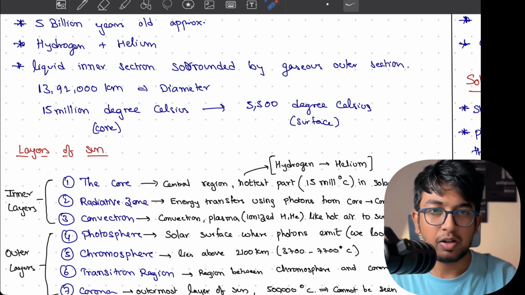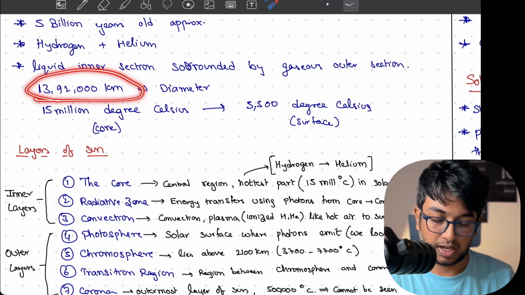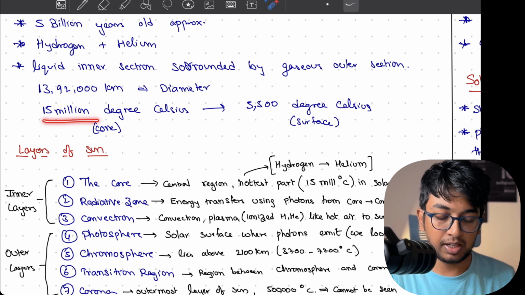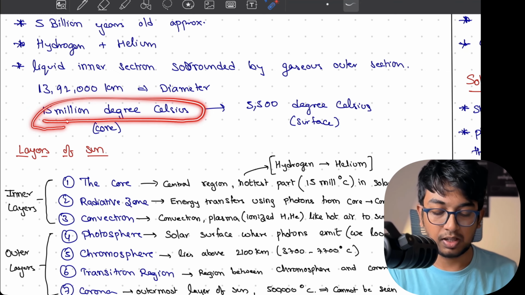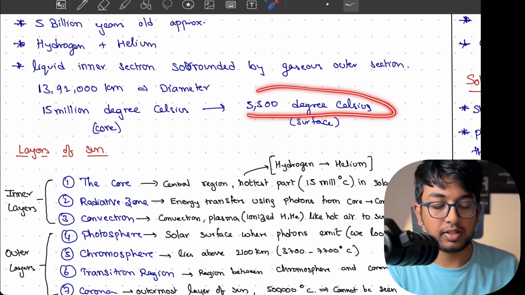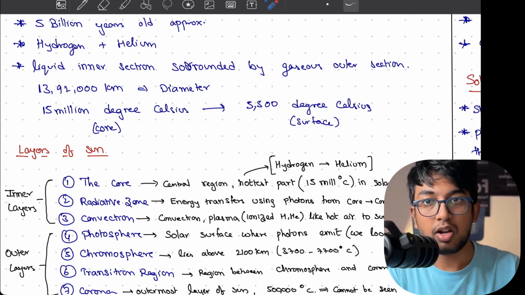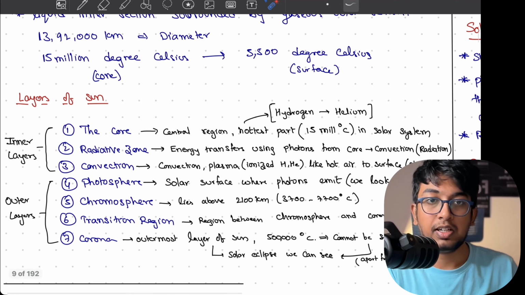So diameter and all you can see on the screen itself. Here 13,92,000 kilometers of diameter, 15 million degrees Celsius, which is the liquid core, and then 5500 degrees Celsius at the surface because this is gas. That is how the temperature of the sun differs.